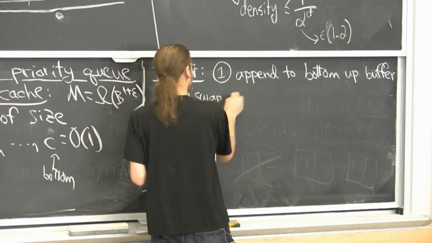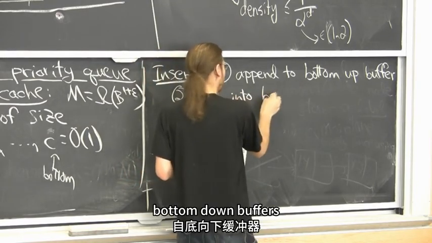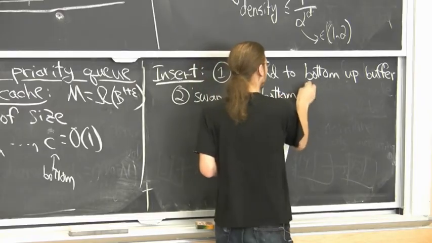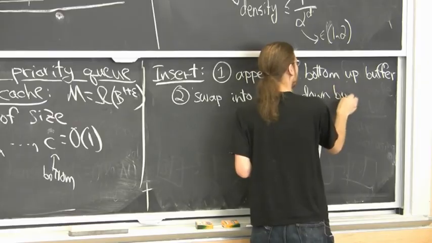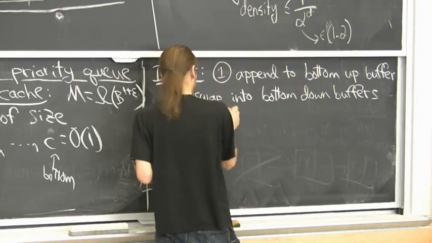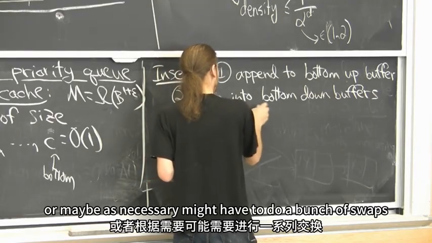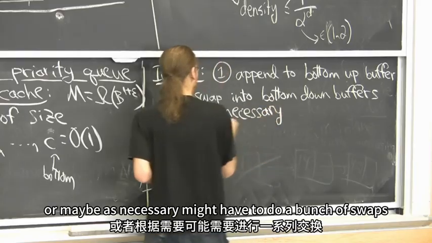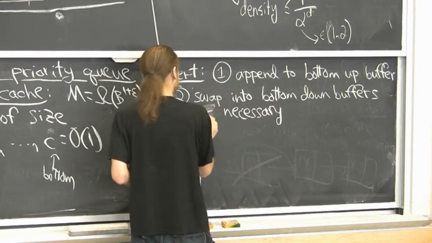Swap into bottom down buffers as necessary. Might have to do a bunch of swaps, but it's all constant.